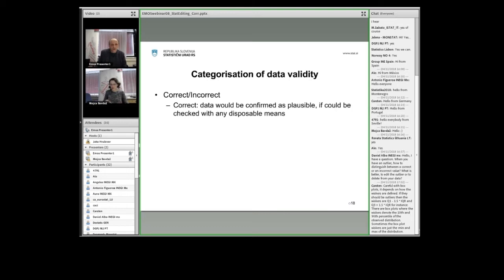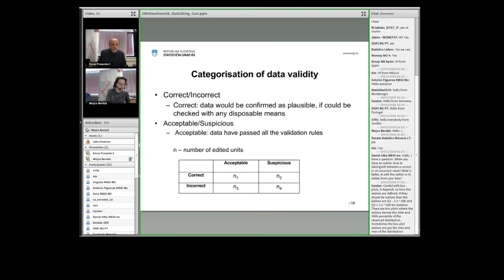Just a quick categorization of data validity. When we are thinking about validation of the data, it's not as simple as it looks at first sight. There are, of course, several categorizations, but I made one which I think is quite useful. The first division of data, I would say, is into correct and incorrect.